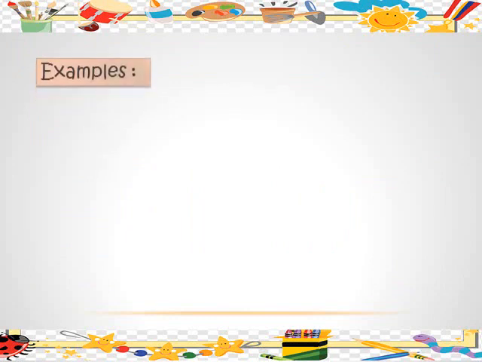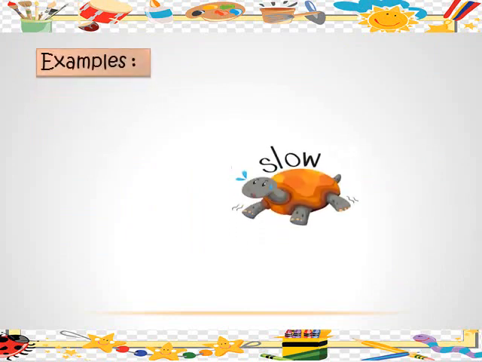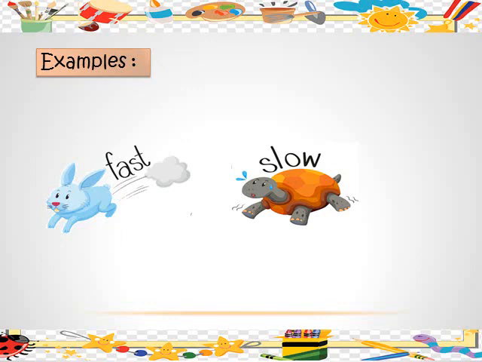Let's see these examples. This is a turtle, and the turtle is slow. Slow is an adjective. It describes the movement of the turtle. This is a rabbit. The rabbit is fast. Fast is another adjective.